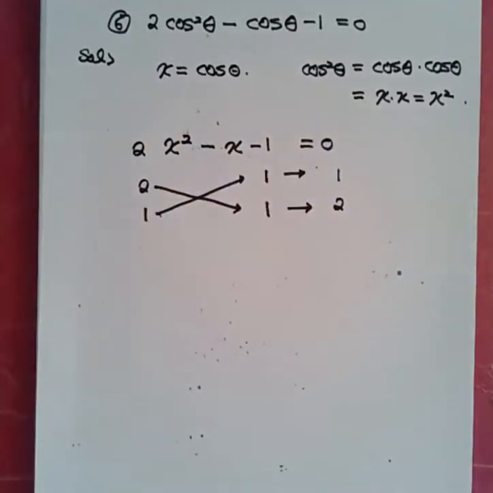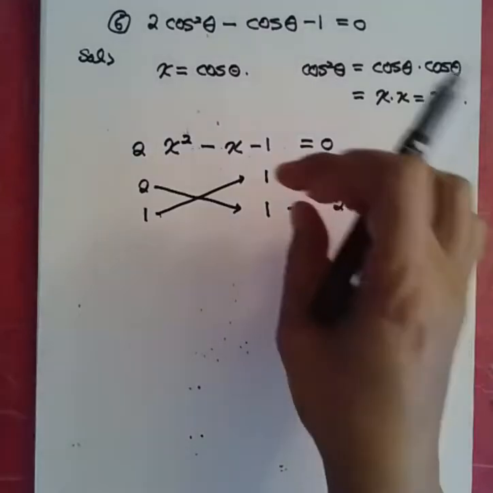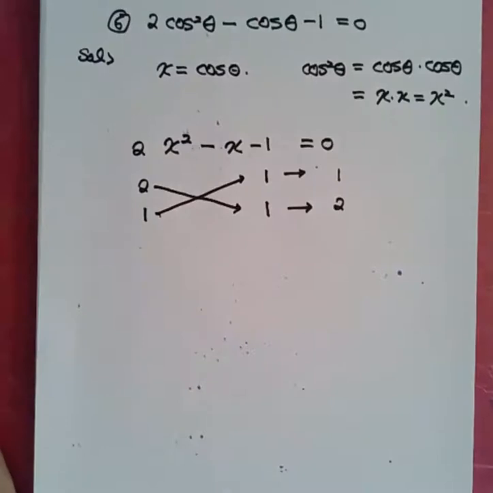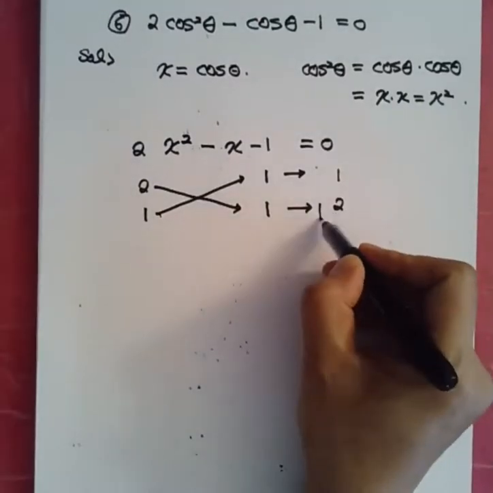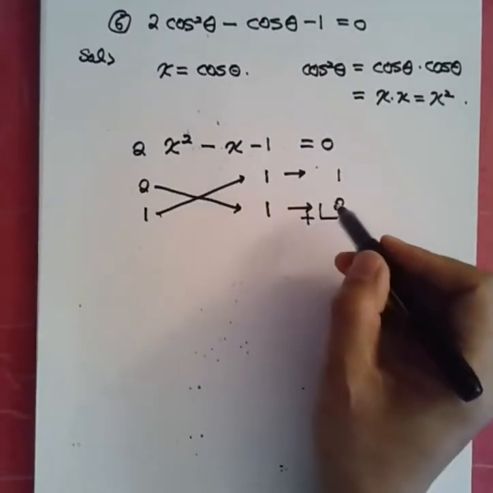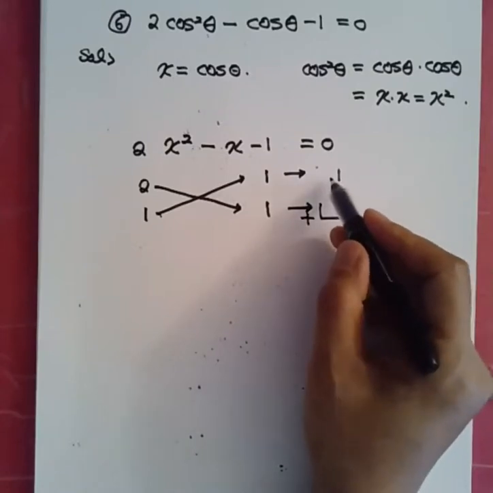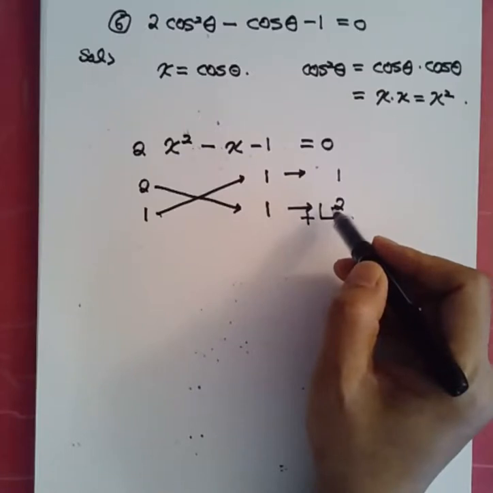So the 1 of 1 should be negative 1. To determine that, we will put a negative sign either on 1 or on the other 1.